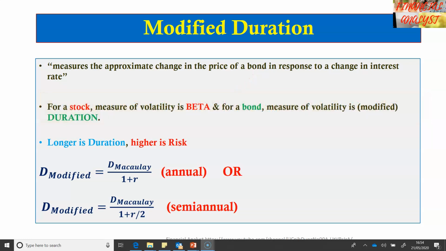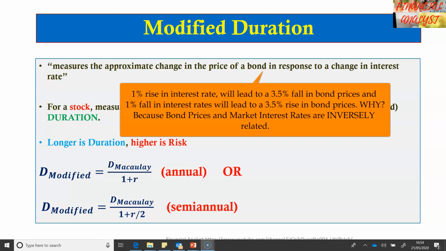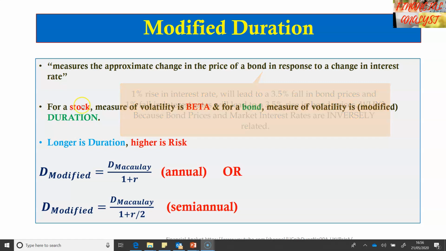So if interest rates rise by 1%, the bond price should go down by 3.5% approximately. Similarly, if interest rates fall by 1%, the modified duration of 3.5 implies that the price of the bond should approximately rise by 3.5%.